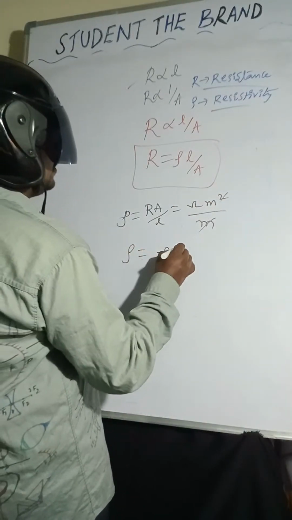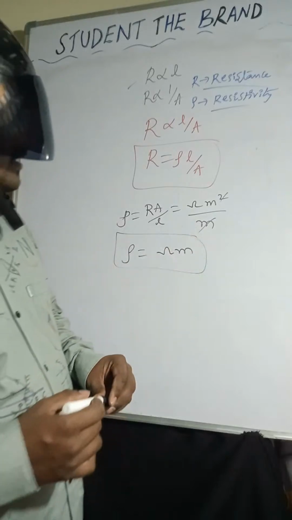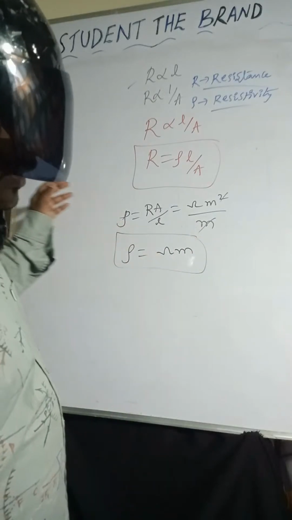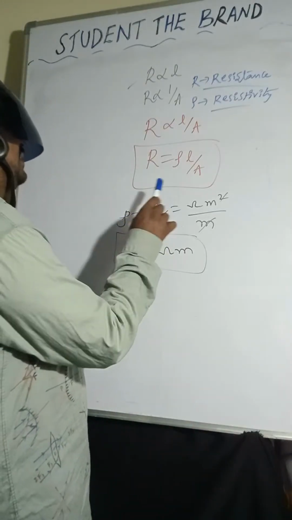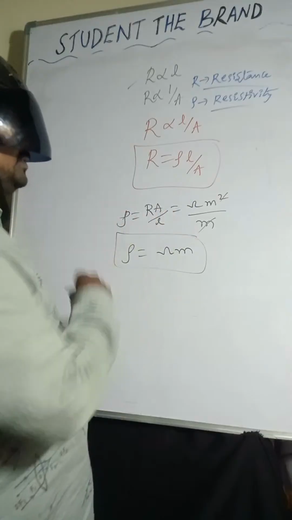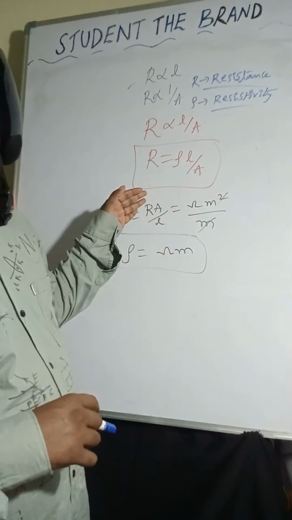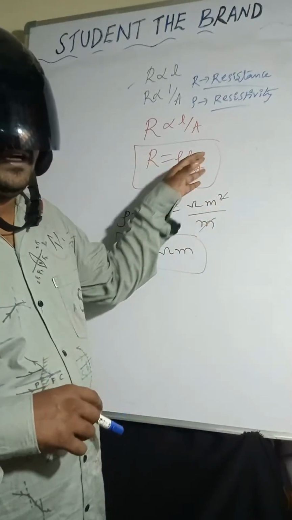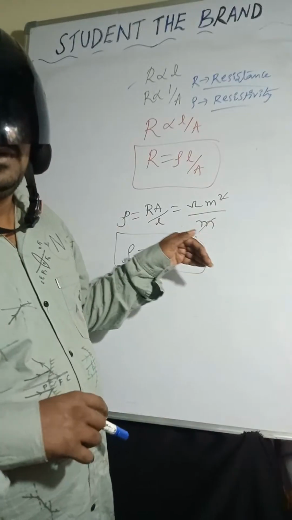Meter gets cancelled. Then rho equals ohm meter. I hope it is very clear.